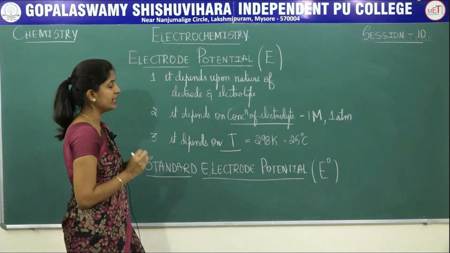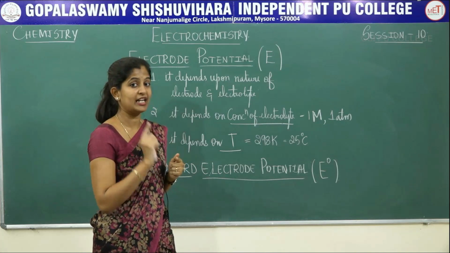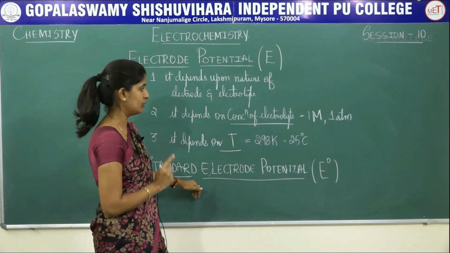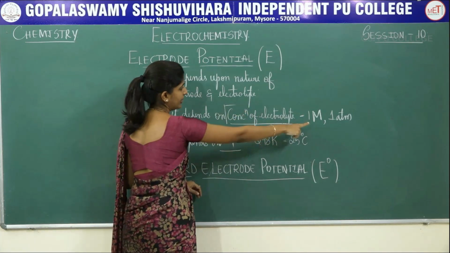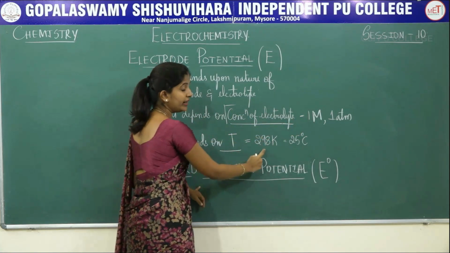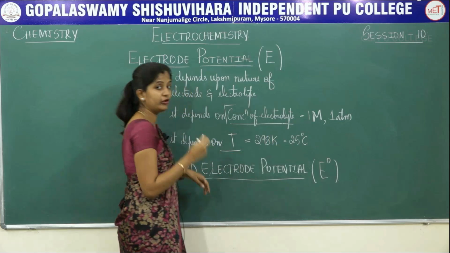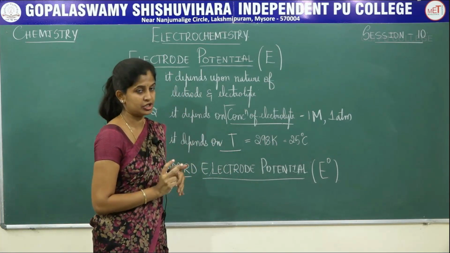Remembering once again, electrode potential is the potential difference developed between the electrode and the electrolyte at equilibrium. The same applies here, but the conditions should be standard. What are those two conditions? Electrolytic concentration should be 1 molar and temperature should be 298 Kelvin. At this temperature and concentration, if you measure the electrode potential, it is called the standard electrode potential.